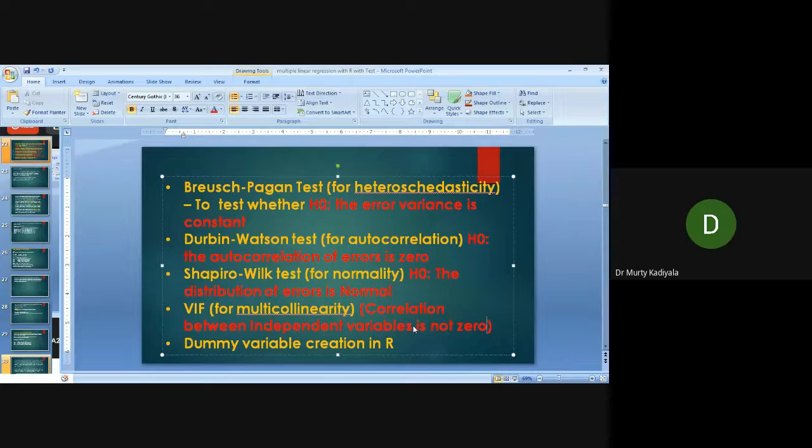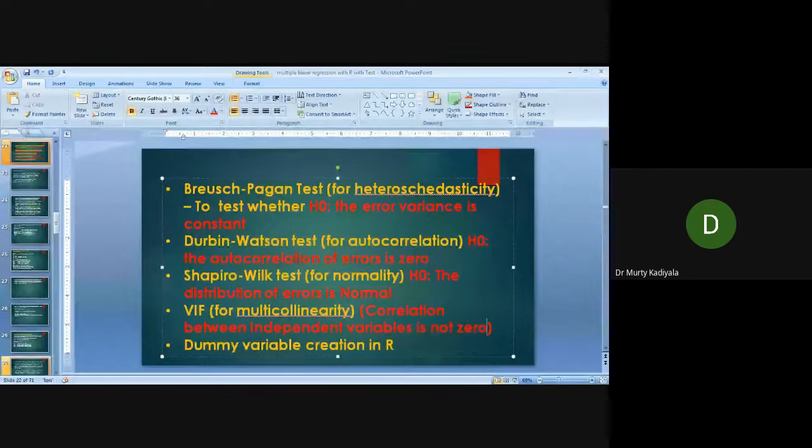That means if you have two variables, there is a perfect correlation between them. For example, in the previous example, I told you Y is nothing but 3 times that X variable plus 12.